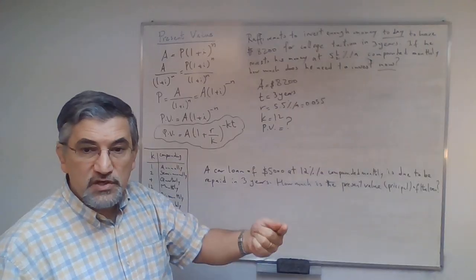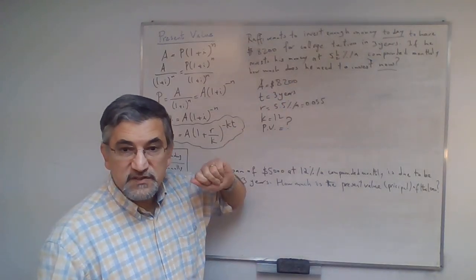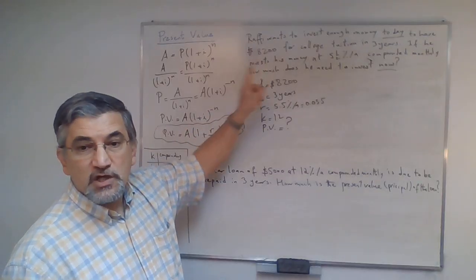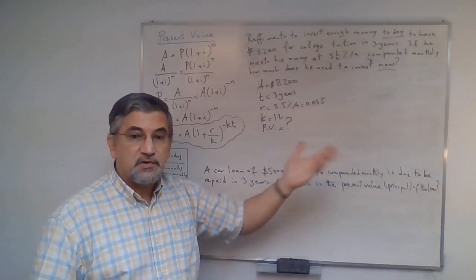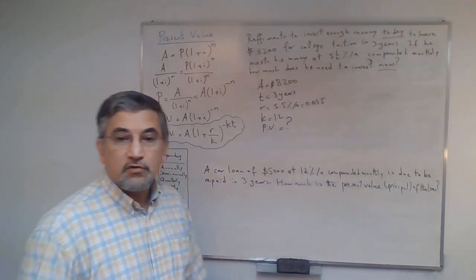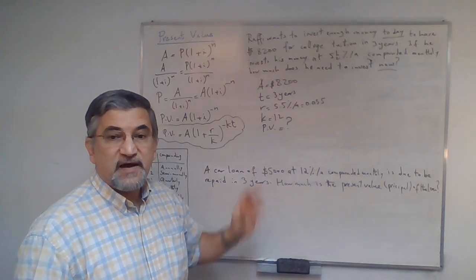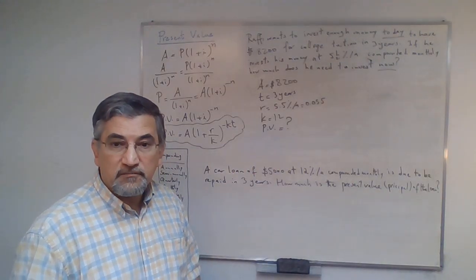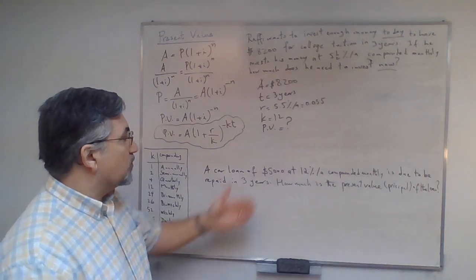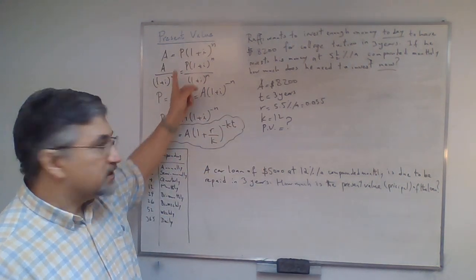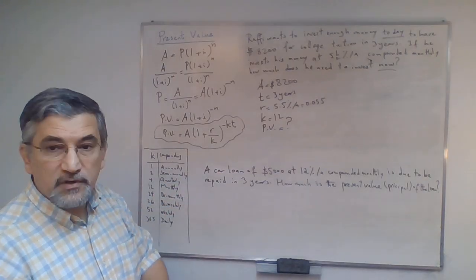And after 3 years, with the rate of 5.5%, it grows to a bigger amount of $8,200, which is exactly what you need to pay for the tuition, college, or whatever you want to do with the money in the future. So that's a present value type of financial problem. Obviously, we're not going to use the compound interest formula that we used in the past. We are going to use the present value formula.